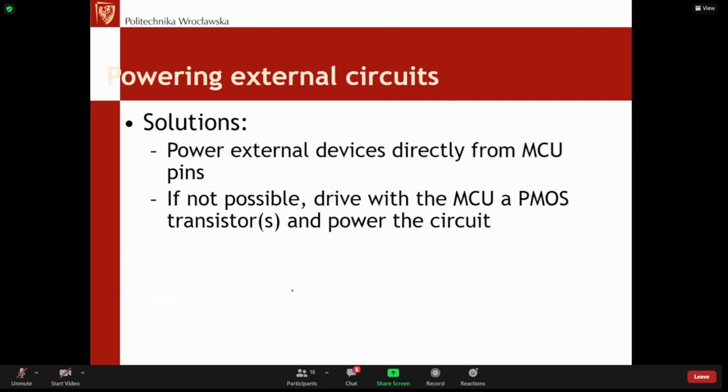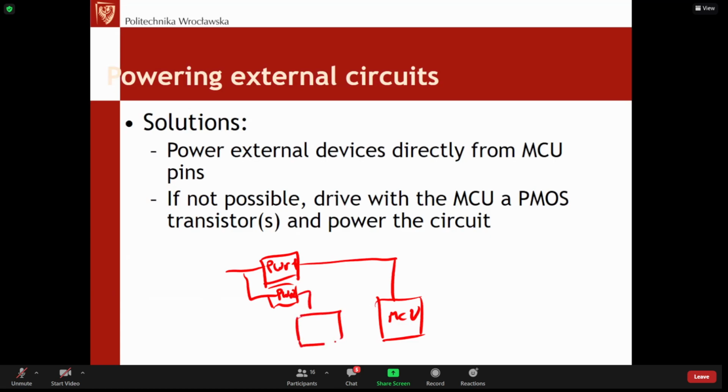You needed to supply the analog and digital electronics, and usually you are using an architecture like this one, with two powering circuits: one power circuit for the microcontroller, and a second powering circuit for, for example, op-amps and or sensors. That was usually your architecture.